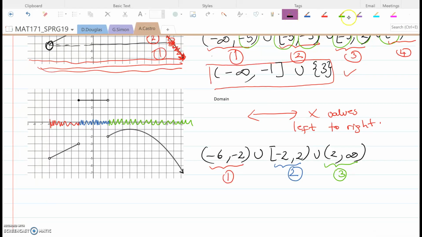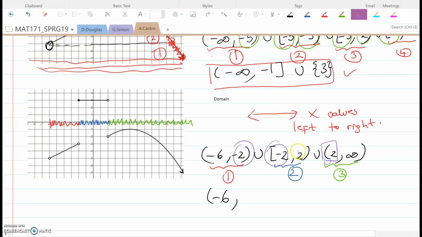So what's happening here, -2 parentheses, -2 bracket, I can get rid of it. Good. I'm going to start with -6. However, I cannot start with a bracket because both of them are parentheses. So I'm going to write down -2 in parentheses. Okay, so I don't need this section.